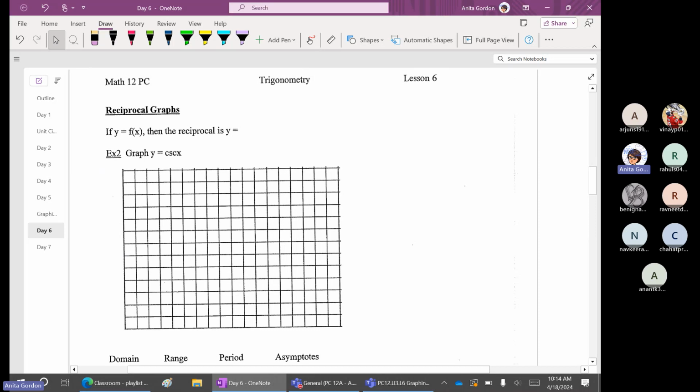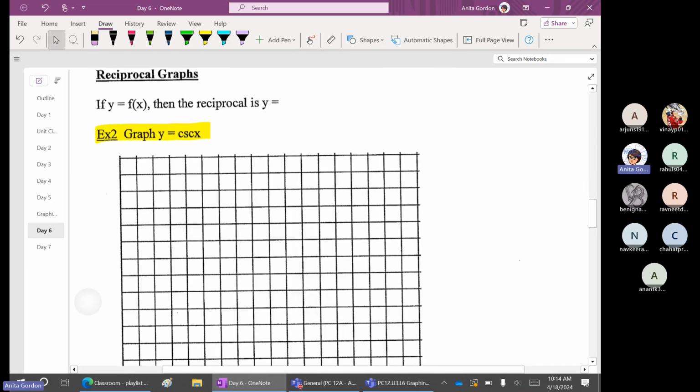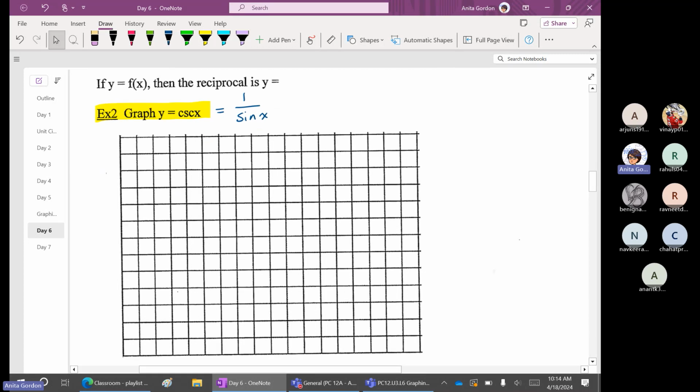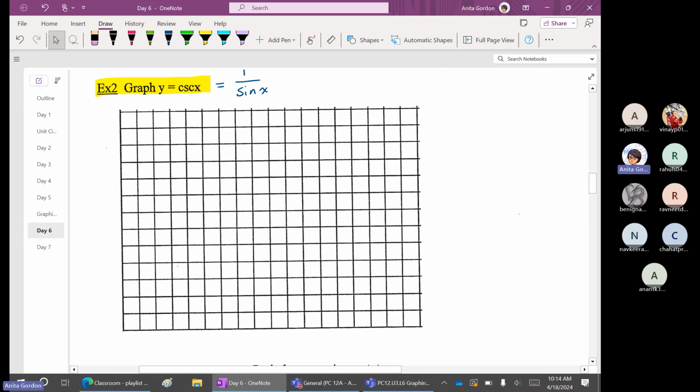Okay, in I think it was lesson 2, we talked about reciprocal graphs. This is cosecant. What is cosecant related to? 1 over sine. Good. Cosecant is the same thing as 1 over sine. So what I'm going to do is start with the sine function, and then we're going to do the reciprocal. Essentially, just put it under 1. Okay? So let's do the central x-axis here.